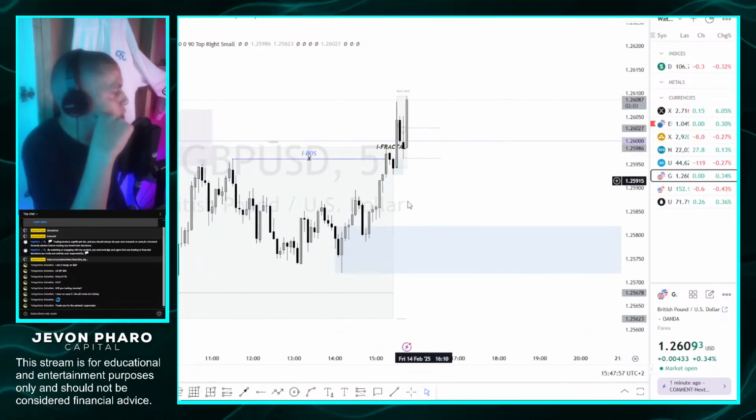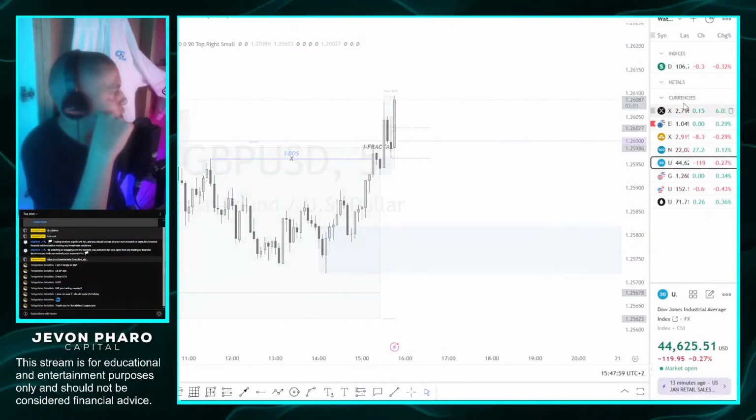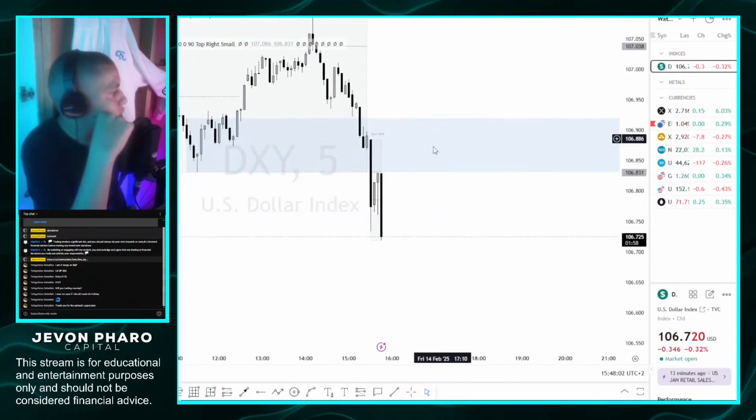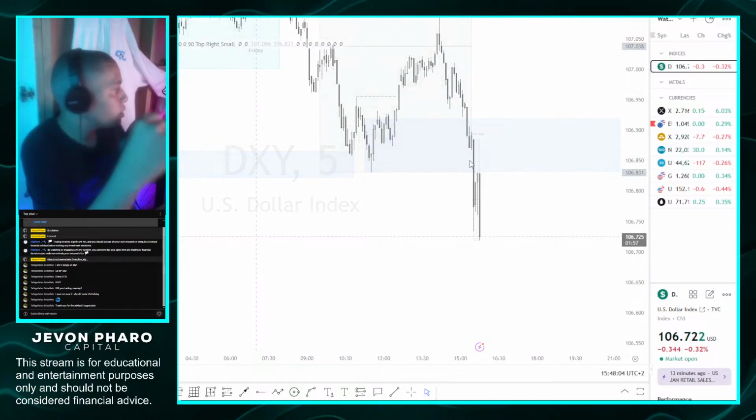GU pushing up, GU still pushing up. Okay, let's see what DXY is doing. Okay, DXY pushed through that zone.